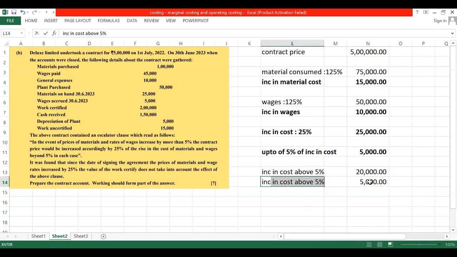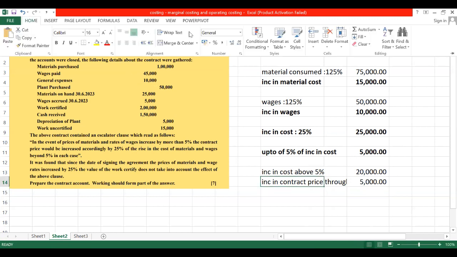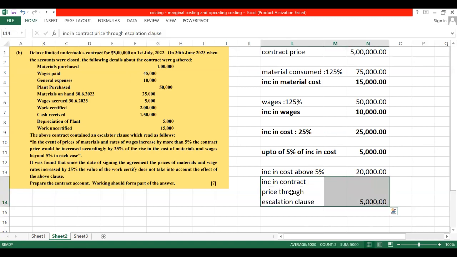This is the increase in contract price through escalation clause. Okay, so this is what we have to find out.